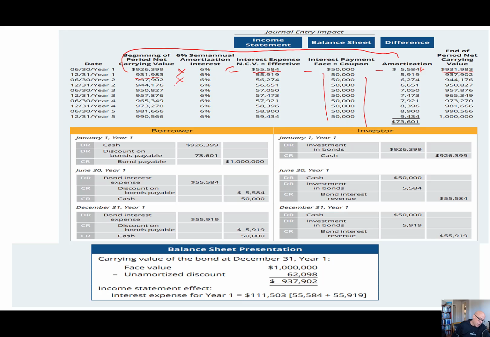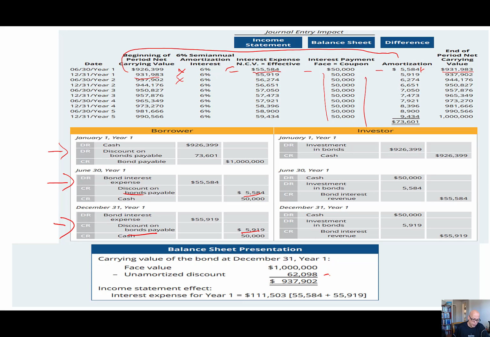Okay? All right, and you see the journal entries here. The only difference is now, of course, we're amortizing the discount from what we saw in the previous slide. And then again, you would take the two discount amortizations here, and those two discount amortizations would come off of the discount.